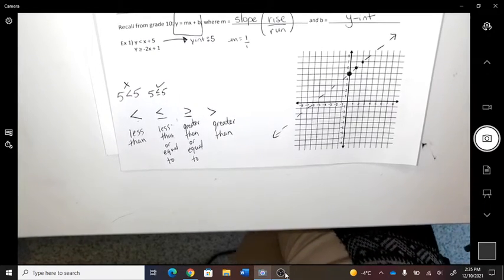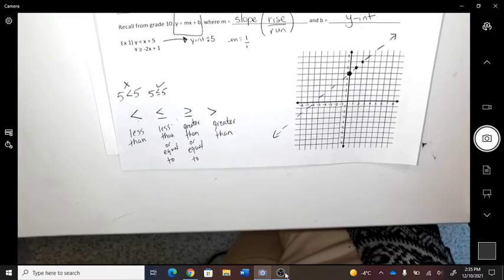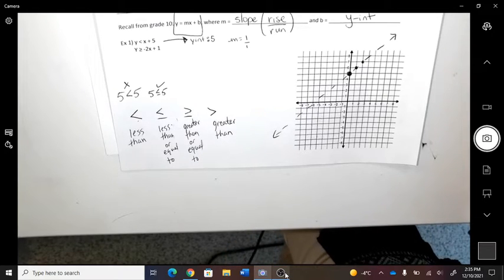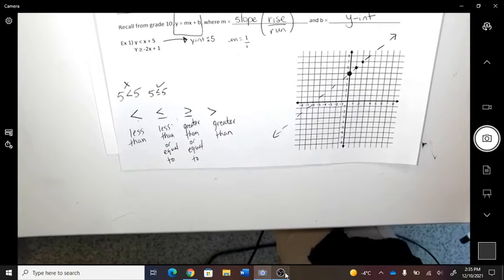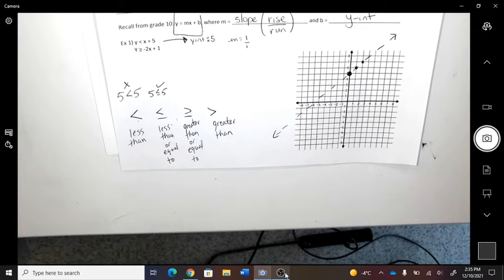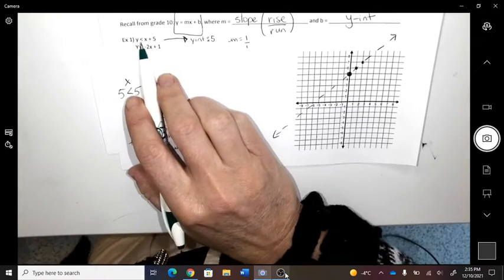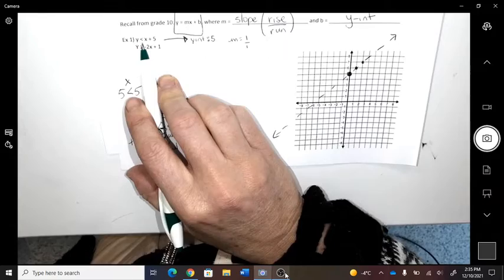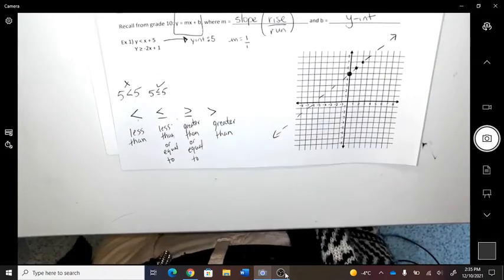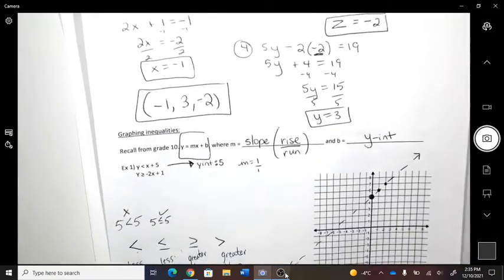So I can go close to that line, but I can't be on that line, okay? Now let's talk about what this says in words. What is this? Less than.